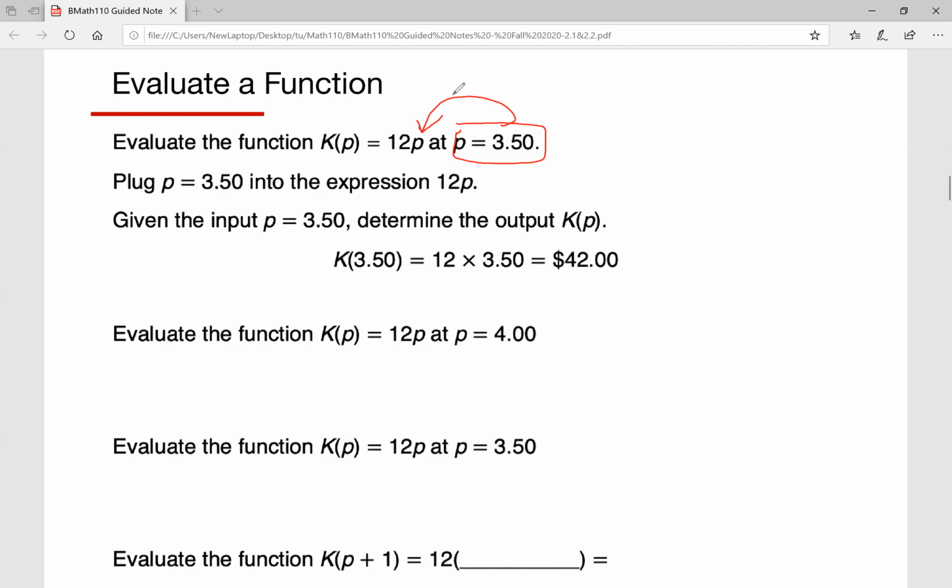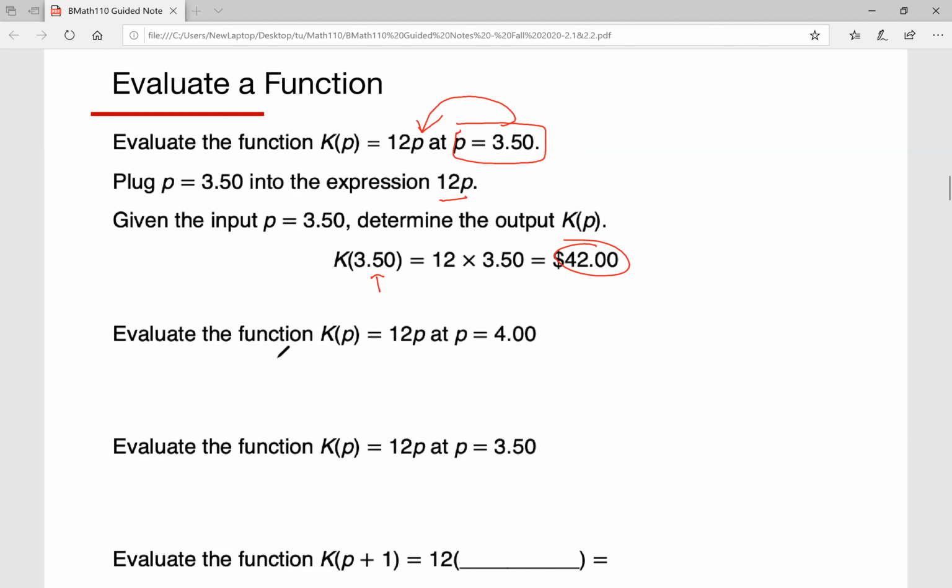Okay. So now I'm gonna say, plug p = 3.5 into the expression, and given input p = 3.5, determine the output. So I have k of 3.5, which is the input, equal to 12 times 3.5, and that equals 42, which is the answer. Okay, similarly, let's do one example here.